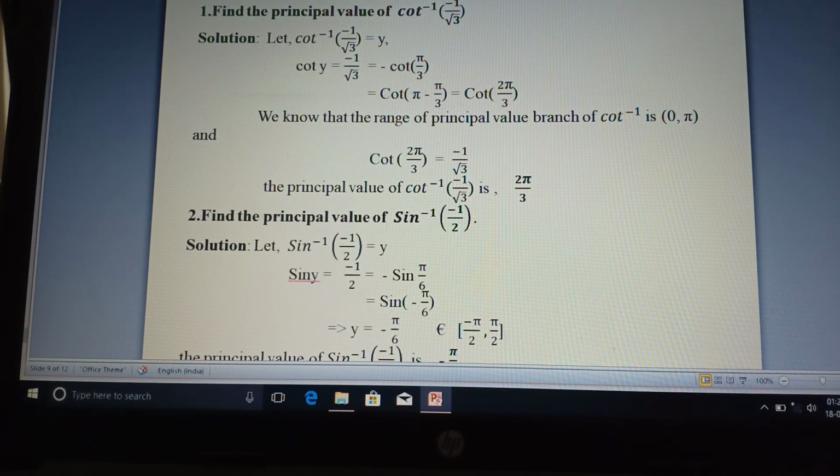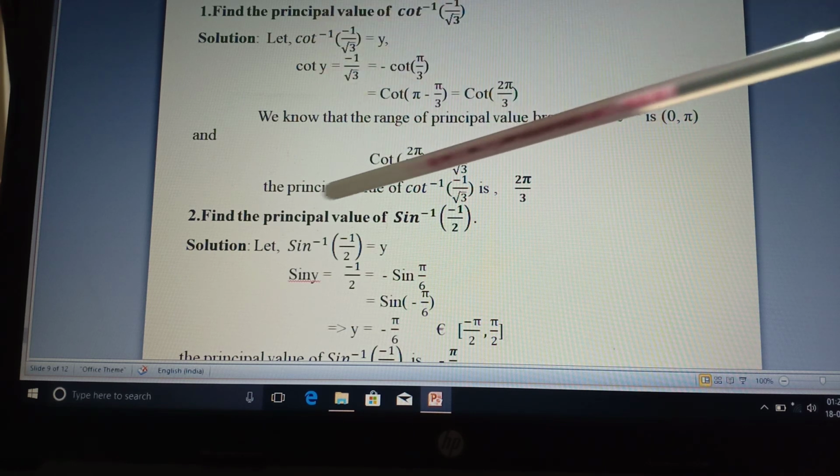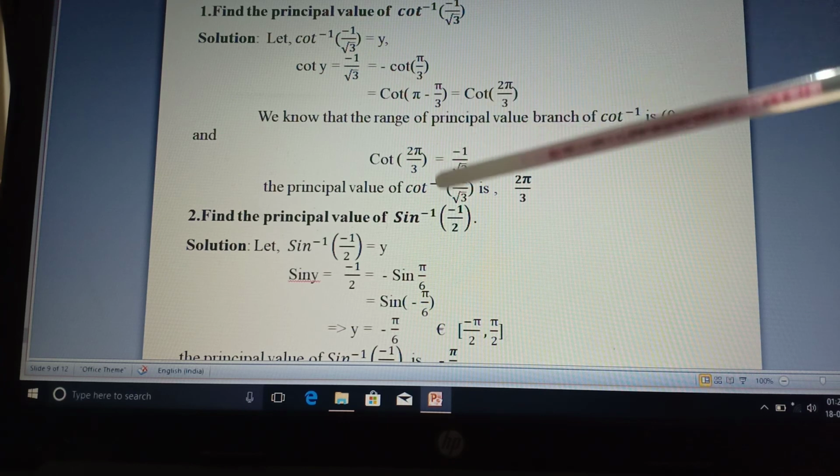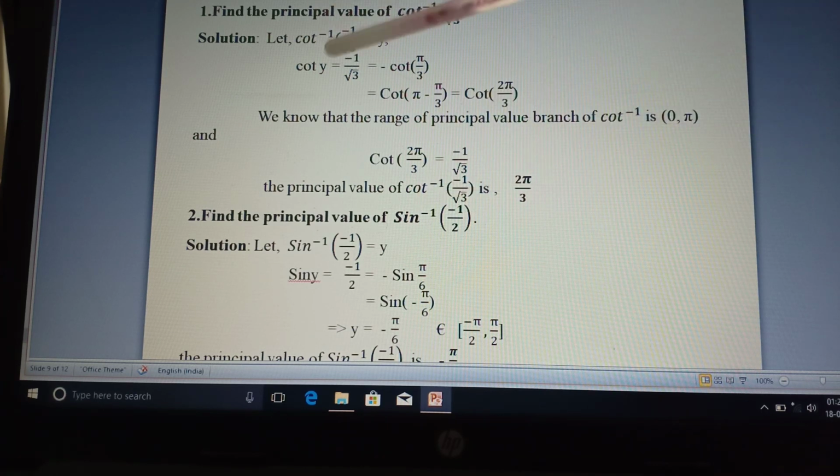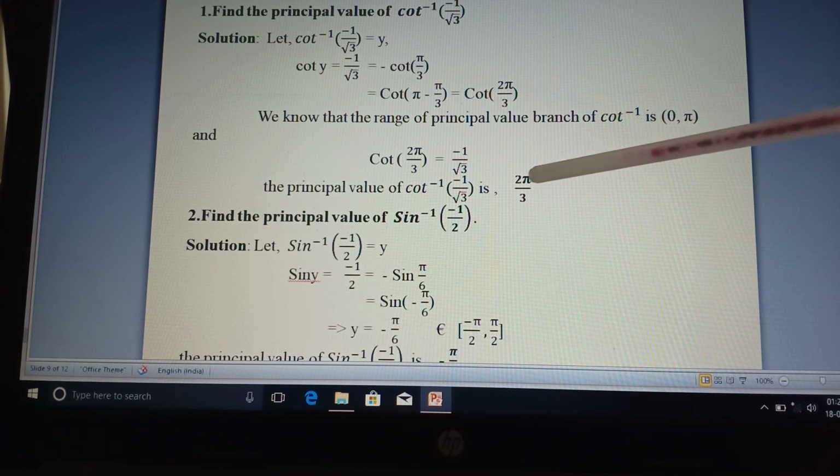So the value of y we got is twice pi by 3. The principal value of cot inverse minus of 1 by root 3 is nothing but y, which is twice pi by 3. I hope you understood, students.